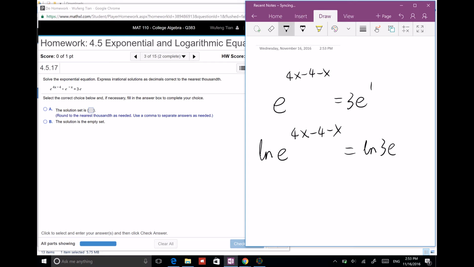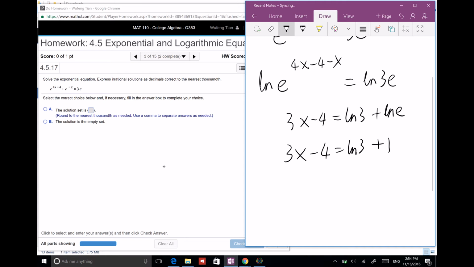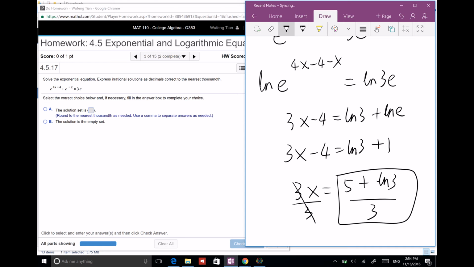So ln and e cancel out, so you get 4x minus 4 minus x, actually that is 3x minus 4, equals ln 3 plus ln e. So ln e is 1, so it's 3x minus 4 equals ln 3 plus 1. So the answer is going to be 3x equals 5 plus ln 3, then divided by 3. Use your calculator to find that. That's it.